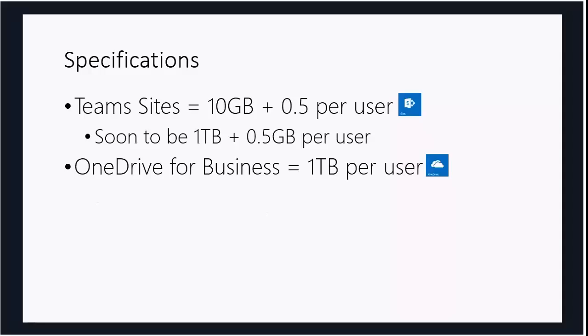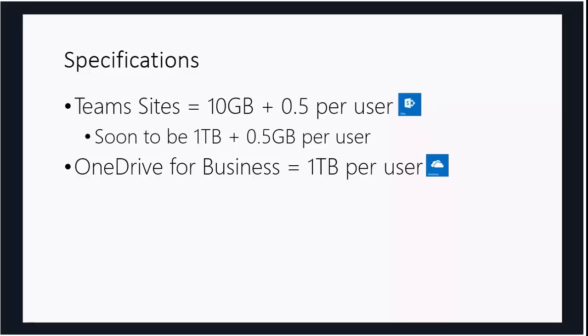OneDrive for Business, basically every user currently gets 1 terabyte of space per user. So you can see the big difference at the moment between a team site and OneDrive for Business. Remember, that 1 terabyte is per user. OneDrive for Business is designed to be a location in which users can store their personal files.